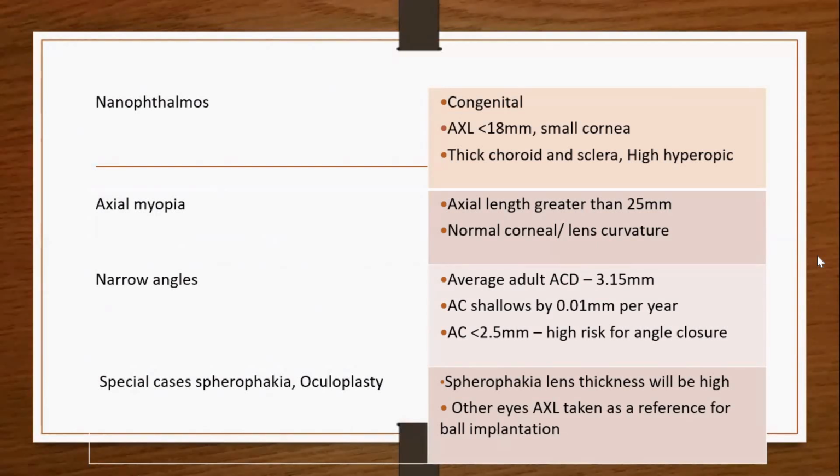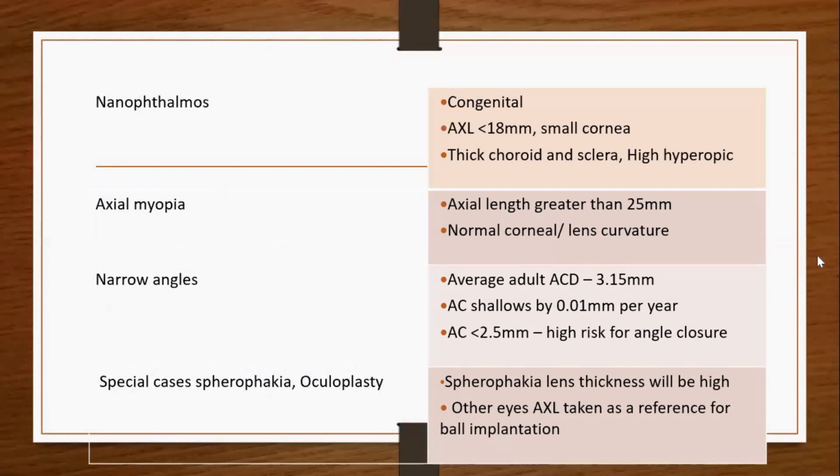One is nanophthalmos, a congenital condition in which the axial length is less than 18 mm. You can normally identify nanophthalmos by looking at the cornea, because the cornea will be small, a microcornea. The choroid and sclera will be very thick, and the patient will have high hyperopia.